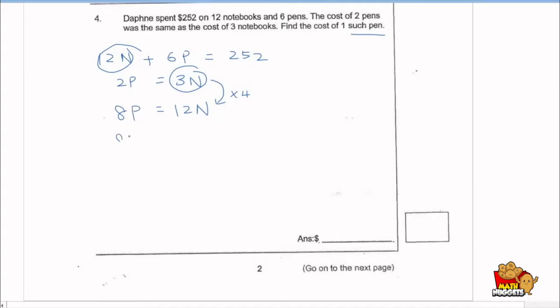So this tells me that 8 pens plus 6 pens will be $252. So 14 pens, 252, 1 pen, 252 divided by 14 is 18. So 1 pen is $18.